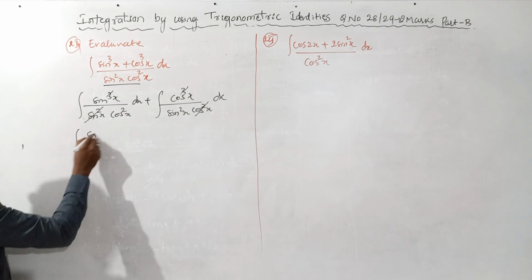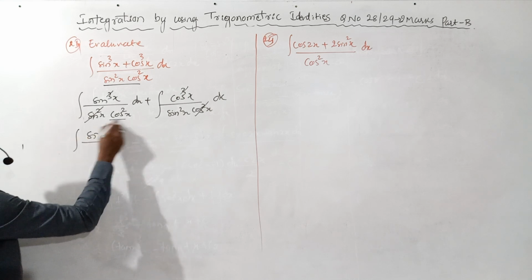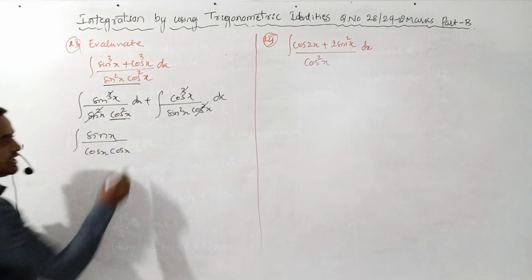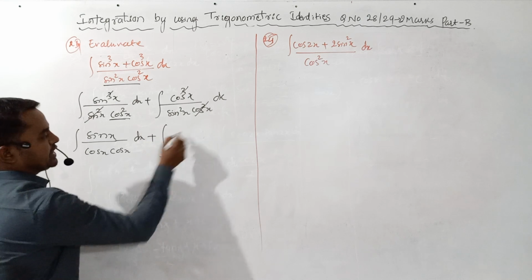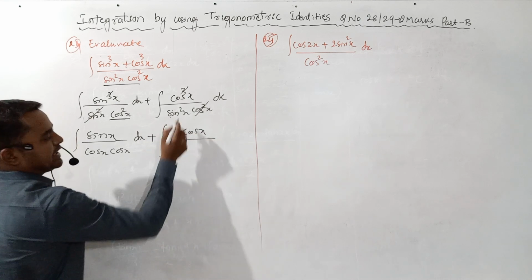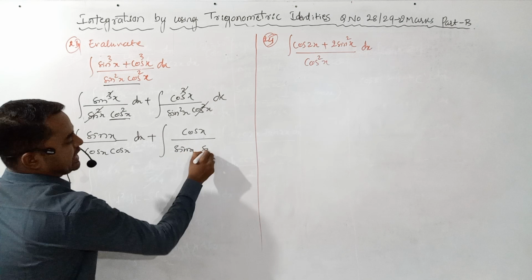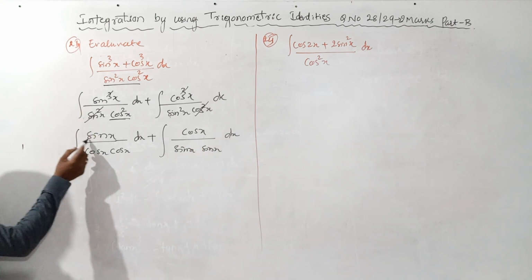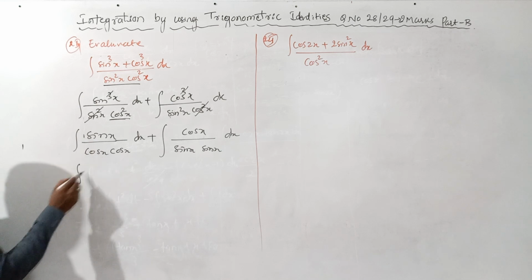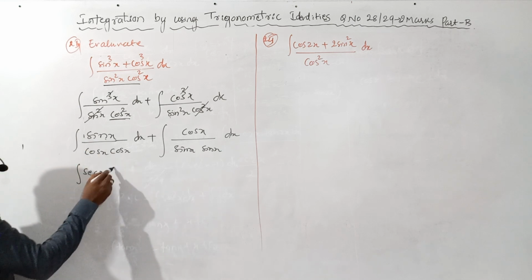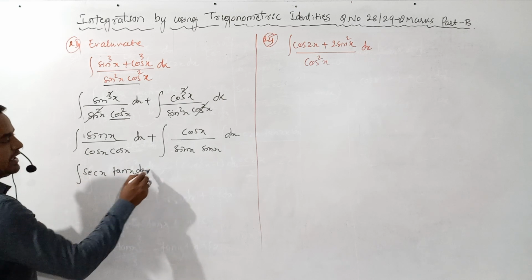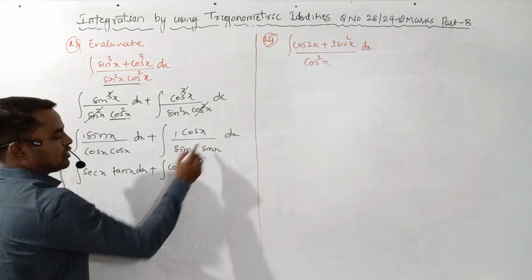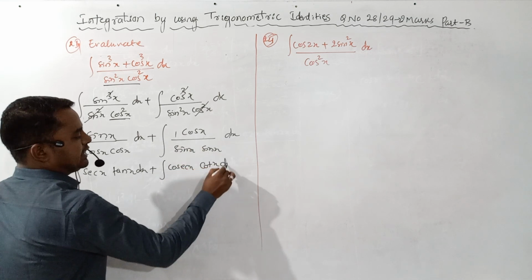Here sin x divided by cos square can be written as cos x into cos x dx, plus cos x as it is, divided by sin square x, which can be written as sin x into sin x. Here the coefficient of sin is 1, 1 by cos is sec x, sin by cos is tan x dx, plus 1 by sin is cosec x, cos by sin is cot x dx.